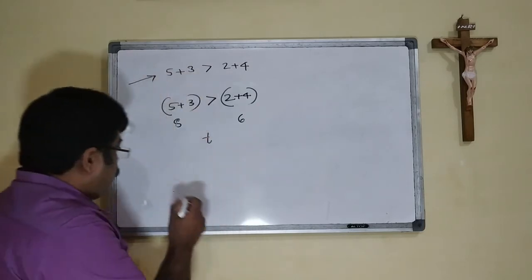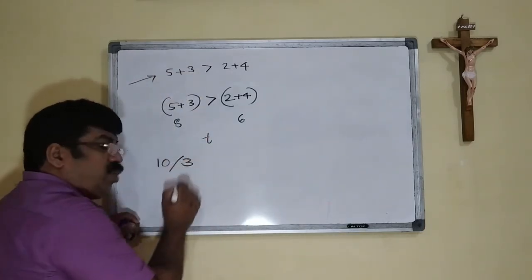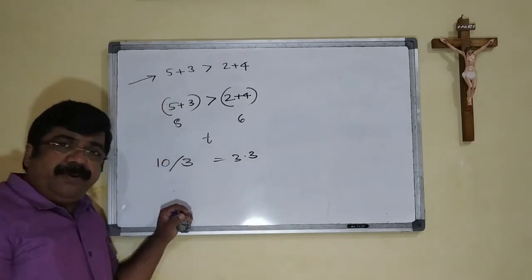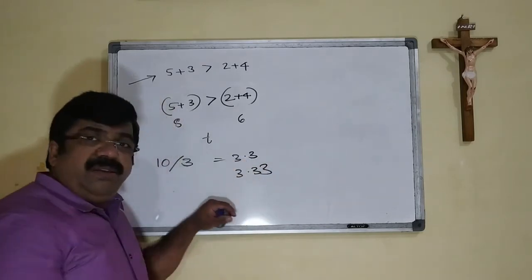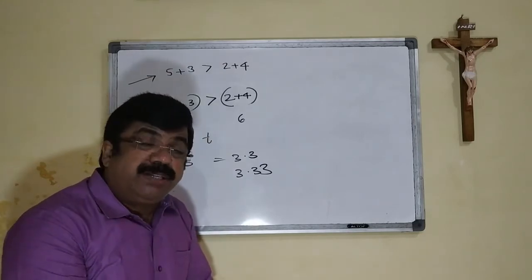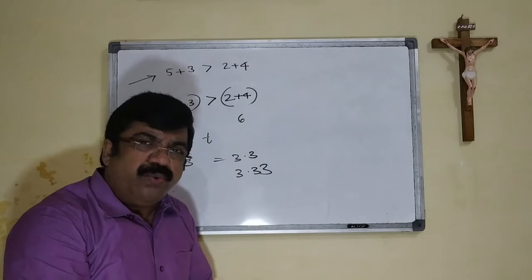Suppose a fellow is dividing 10 divided by 3, the result 3.3 is okay. Another fellow says it is 3.33. Depending on the number of decimal places, the values are treated as different.